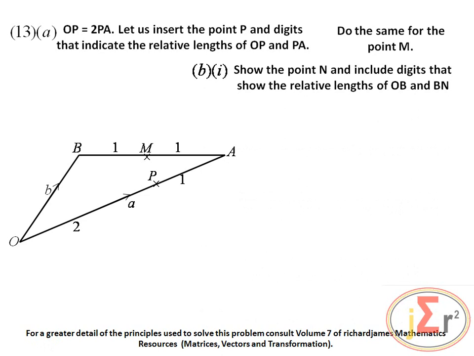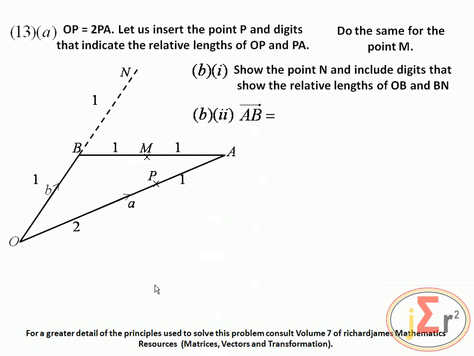And of course, it is said that OB is produced to N such that OB is equal to BN. So we have 1 to 1 again because they are equal.